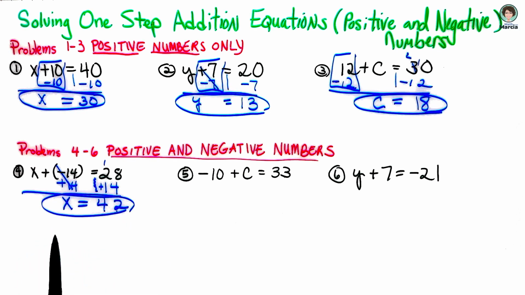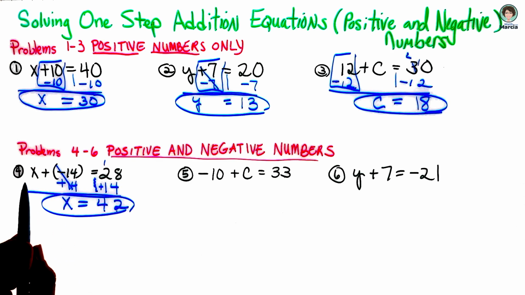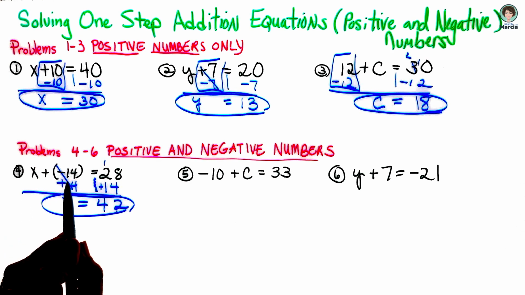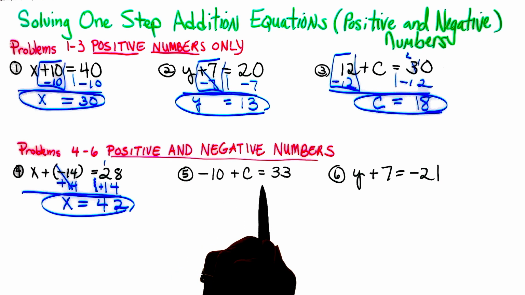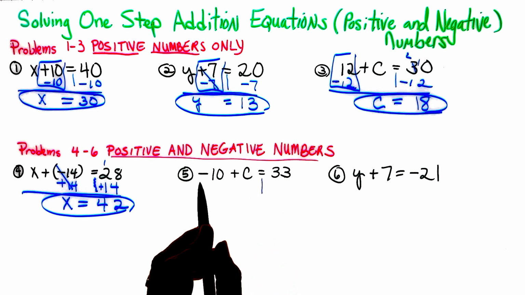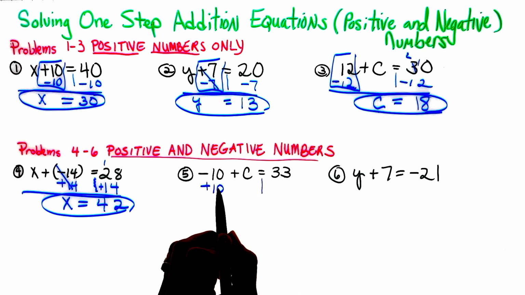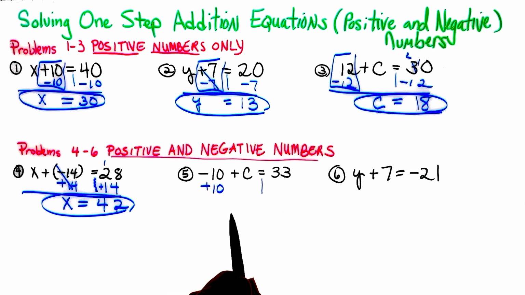And again, you can substitute this in there. And if you had 42 and you took away 14, it is equal to 28. All right, well, let's take a look at number 5. I have negative 10 plus c equals 33. Well, the opposite of negative 10 is positive 10. We always want to have a pair of opposites.